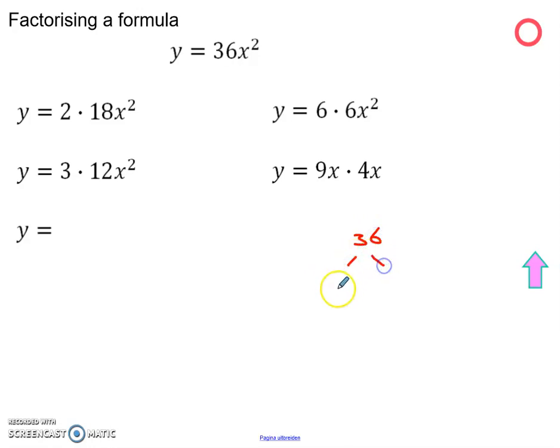36. I can write 36 as a product of 2 and 18. But I can do a few more steps. 18, I can still divide by 2. It's 2 times 9. So 2 times 2, then I look at 9.